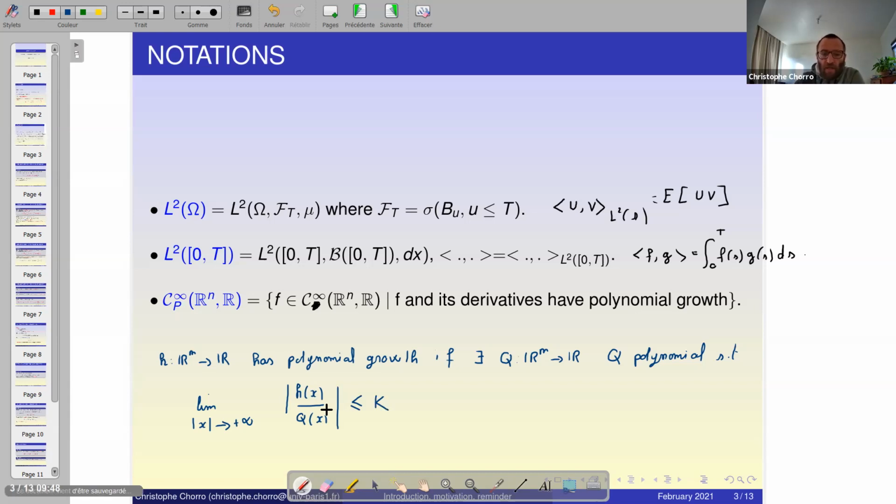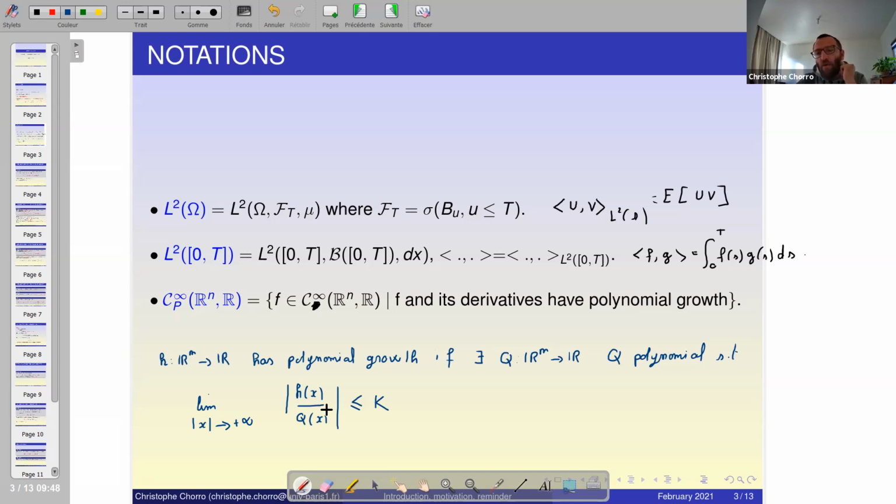So what is the meaning of this one? It means that if the norm of x is big enough, h is less than a constant multiplied by a polynomial, meaning that when the norm goes to plus infinity, the behavior of the mapping h is controlled by a polynomial.